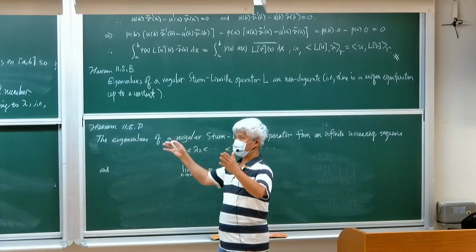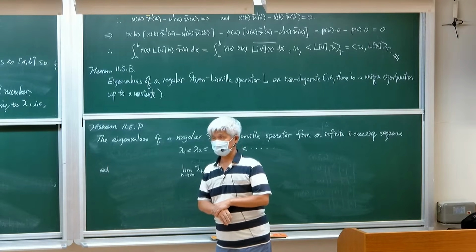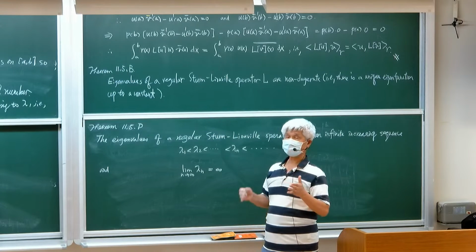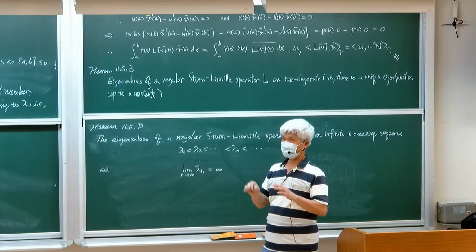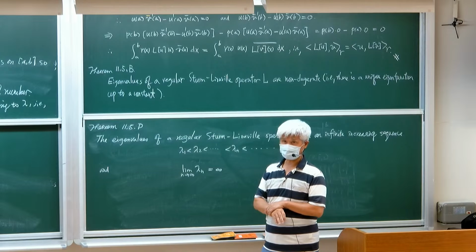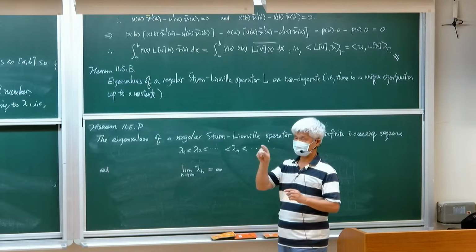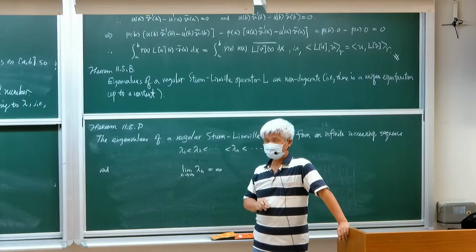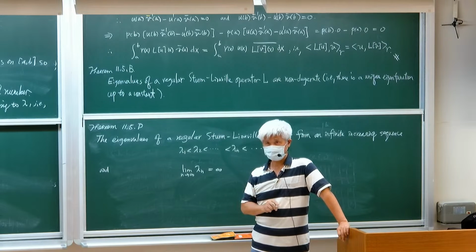When you are considering a regular Sturm-Liouville problem, it means that you have a regular Sturm-Liouville differential equation with the two separated boundary conditions specified. Then the lambdas, the parameter appearing in the differential equation, are such that the ODE has a non-trivial solution.